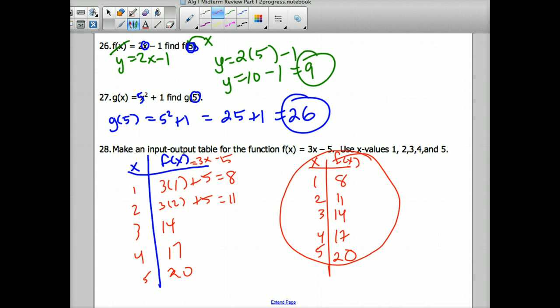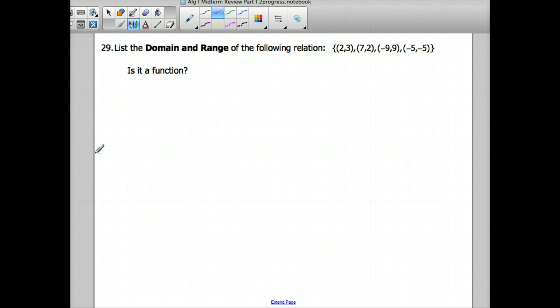So this next one is going to be the domain and range. The domain are just the inputs, and the range are the outputs. You notice all this stuff is in alphabetical order. X before Y, D before R, input before output.